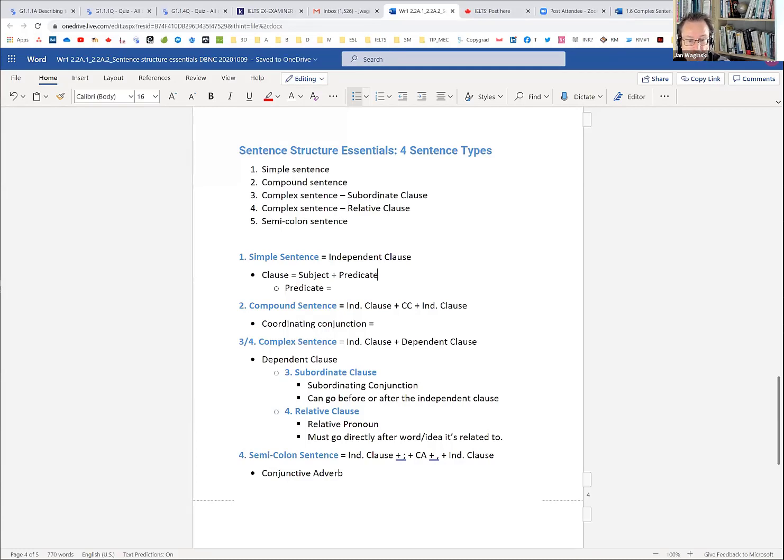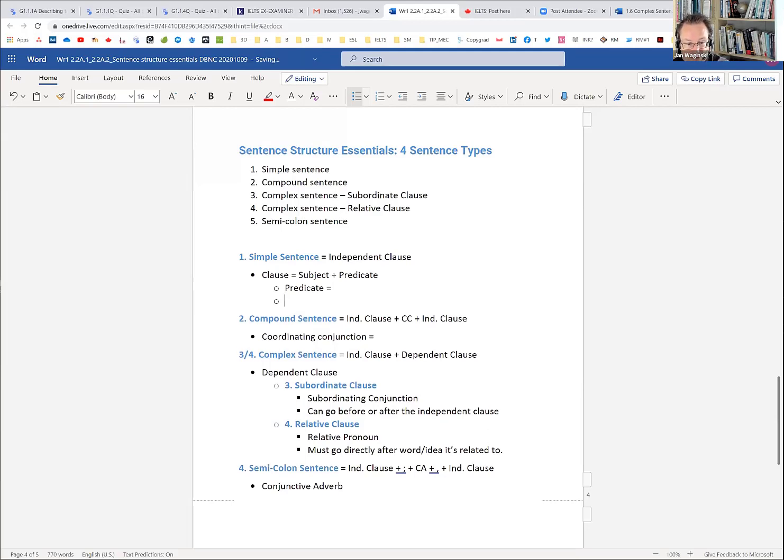Now, most people are familiar with what a subject of a verb is. Like if I say, I love pizza, I is the subject. So predicate means the verb plus the stuff after the verb, which is very often an object.